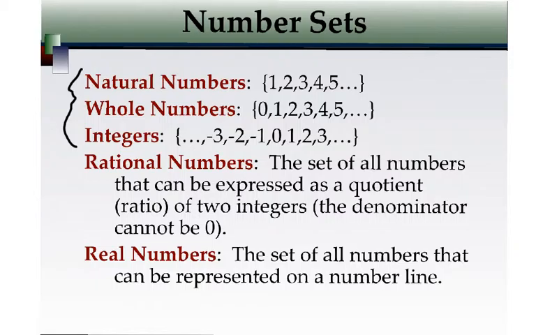So all of the numbers mentioned above are rational, and now the rational set of numbers includes fractions too, like 1/2, 1/3, 3/2, and things like that. And then all of these right here are real numbers, the set of all numbers that can be represented on a number line. So even including things like pi and the number e and things like that.